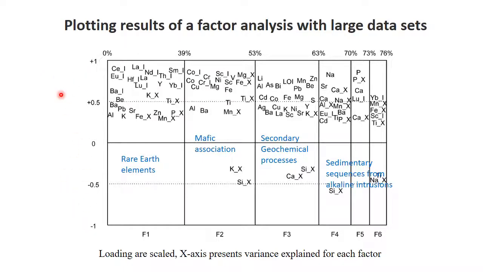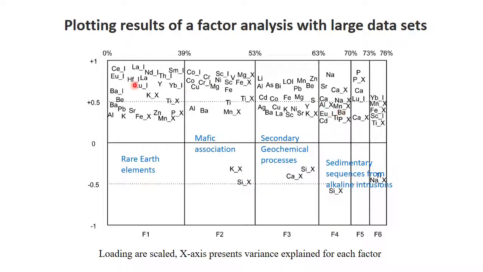The y-axis here is the loading that is given to an element, and the x-axis is the percentage of variance explained by each factor. So for example, the first factor has 39% of variance, and it seems to have high loadings in all these elements. The second factor adds to that 14% of variance and seems to have high loading on these factors and a few negative loadings.